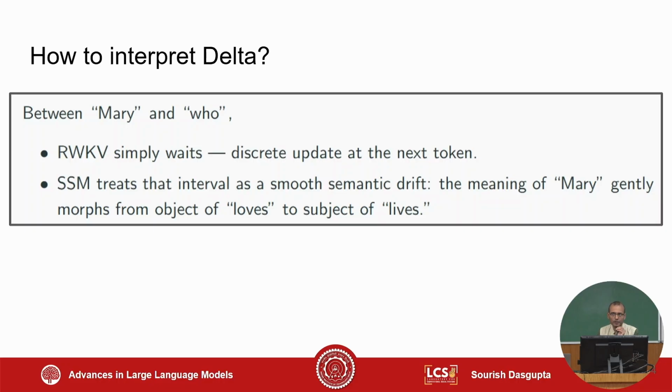It doesn't stand still. It starts drifting a bit more till the new word joins in, right? That is where the continuity comes from. So SSM treats that interval as a smooth semantic drift. The meaning of Mary gently morphs from object of loves to subject of lives.